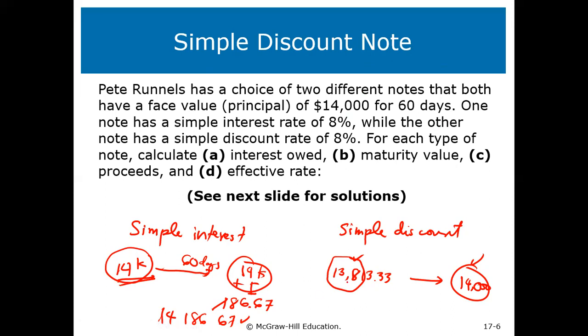Here, in effect, you're borrowing 14,000, but you're only getting 13,813.33 because the amount of 14,000, which is the maturity value, was discounted by the discount, which is 186.67. And after 60 days, you also pay 14,000. So we were able to answer what was the interest rate, what is the maturity value, and what's the proceeds for each type of note.